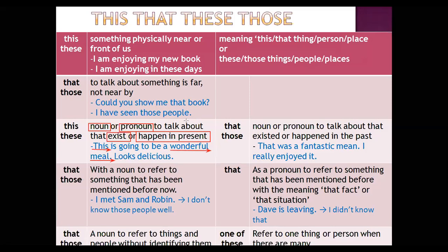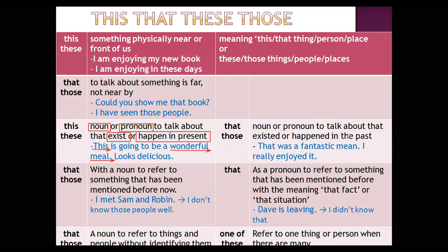Okay. But on the other hand, when you talk about that or those, that and those, how? Noun and pronoun to talk about things that existed or happened in the past. So what is the difference between those two?